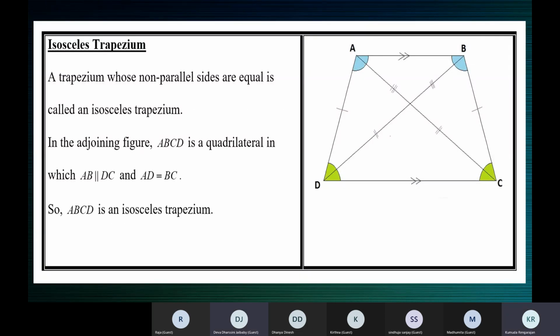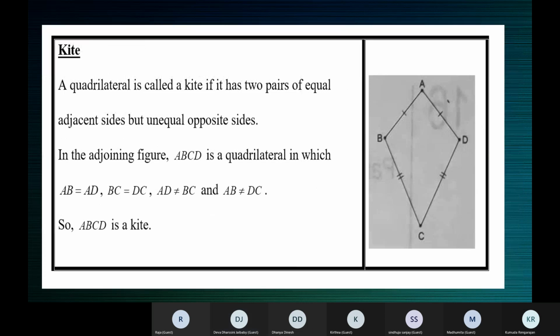Yeah, this one also. We'll understand trapezium, isosceles trapezium and kite in the next class, but just complete these notes. Have these notes written in your book.